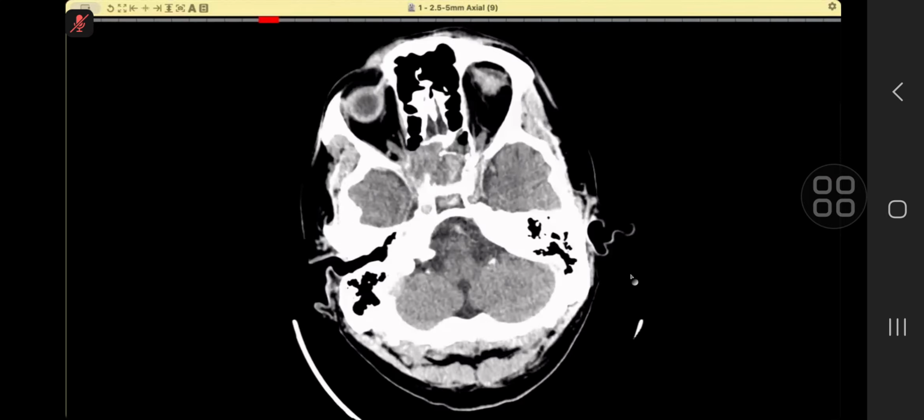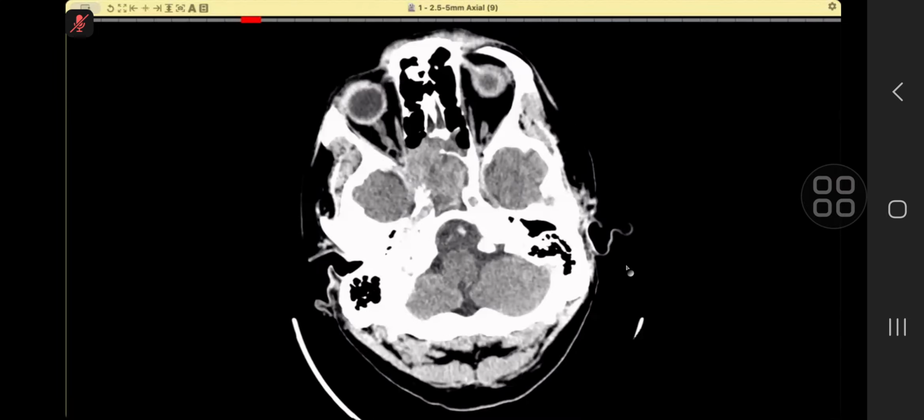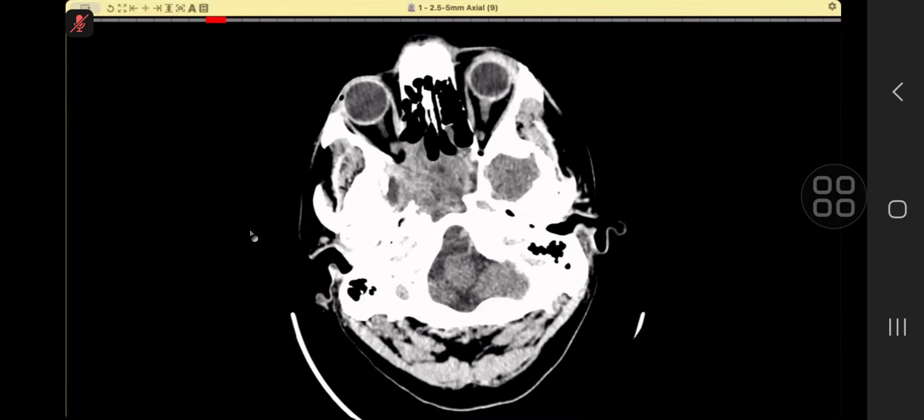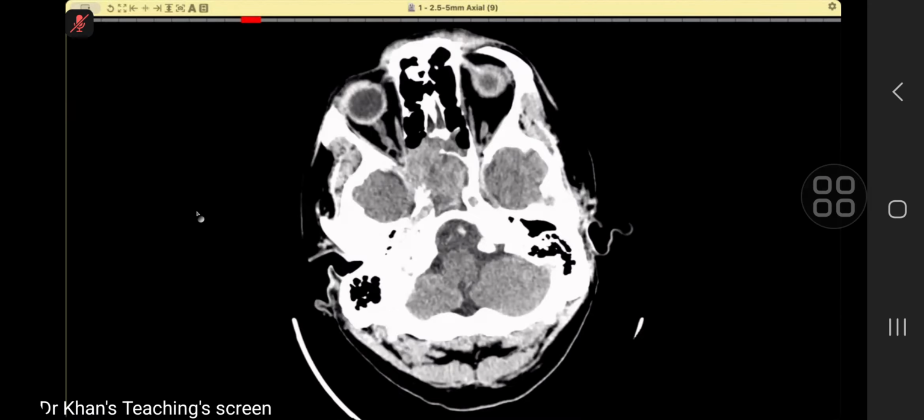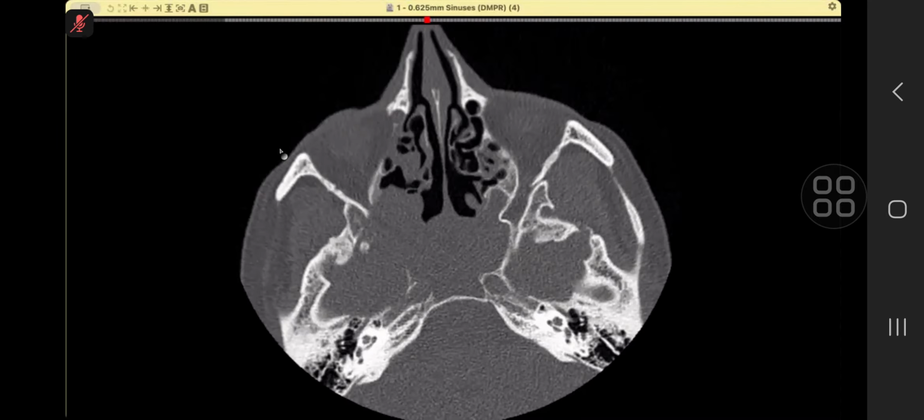I would like to see the bone window to see its extension into the brain as well as into the orbit as well as into the pterygopalatine fossa. However, I can see a bit of its extension on the left side, and the sphenoid wing is definitely involved. So I would like to have the sagittal sections as well as the bone windows to see its complete extension.